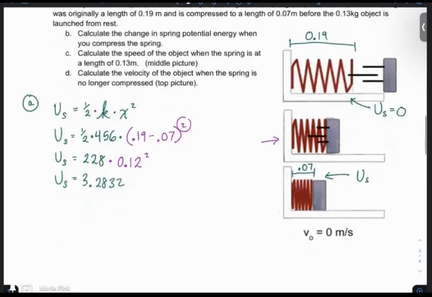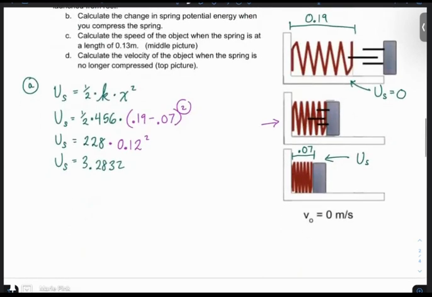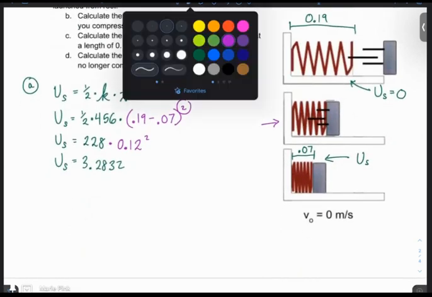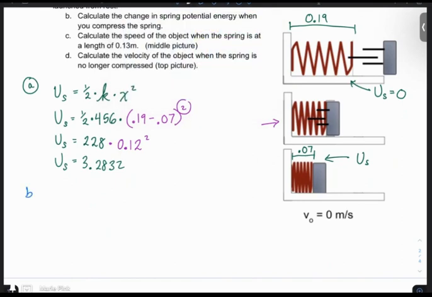Now, the trick for this, first of all, is I'm going to go ahead and draw what the bar graph is going to look like in terms of energy at that point. And I'm going to go from when the spring is compressed to when the length is 0.13, so partially compressed.